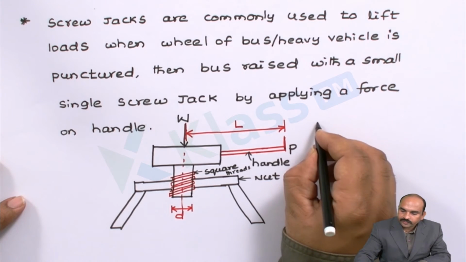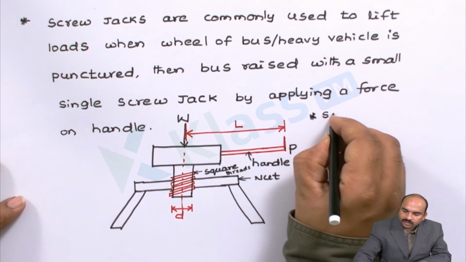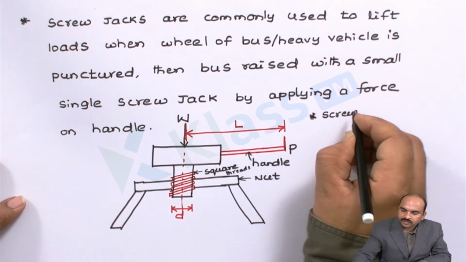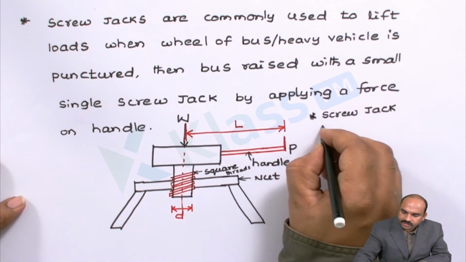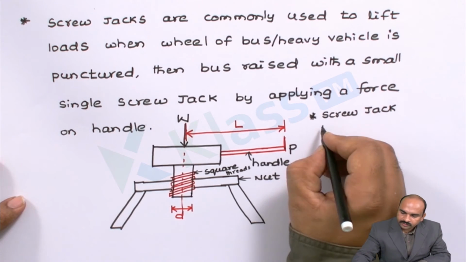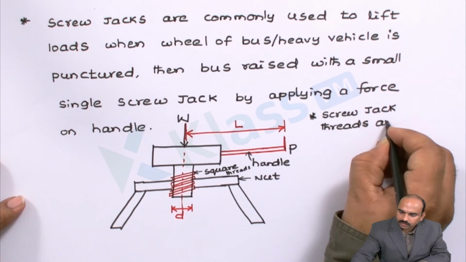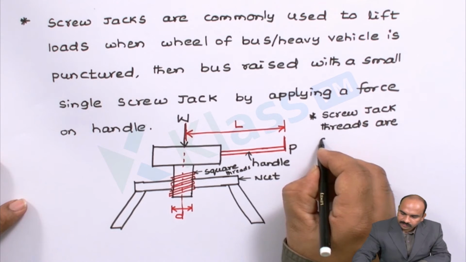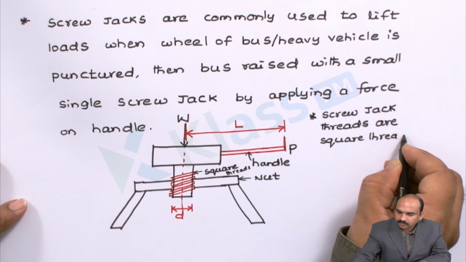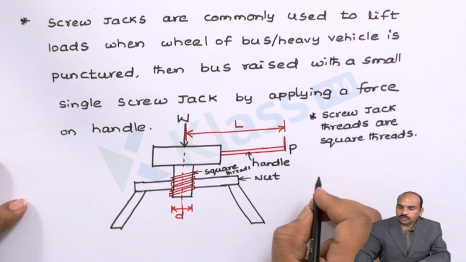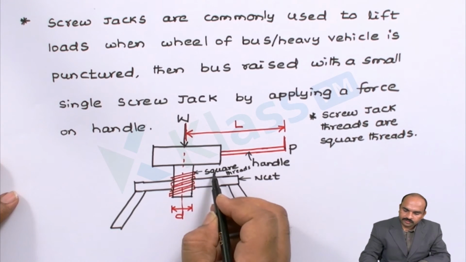I'll write here: screw jack threads are square threads.